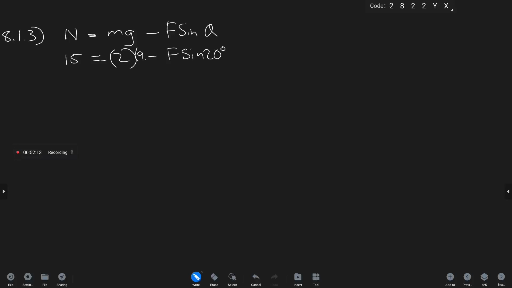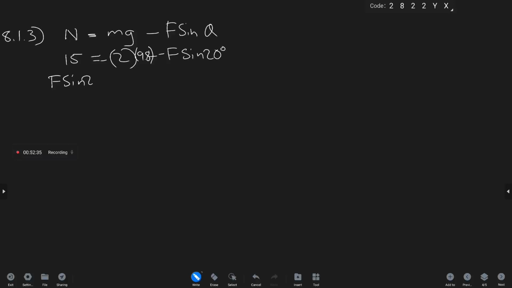So this is minus F sine theta. The magnitude of F is what we are looking for in this instance. So we know 2 times 9.8 is 19.6. And we just have to do the math the way it's supposed to be done.